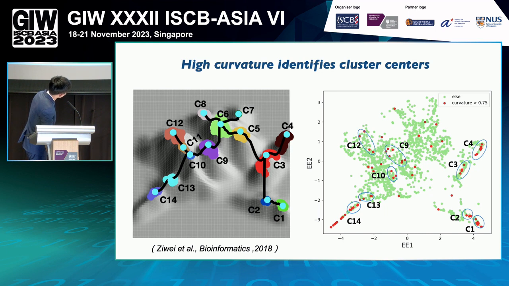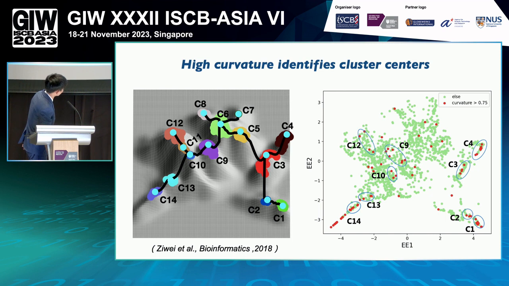The positive curvature means the nodes have high similarity. They are mostly located in the center of the cluster.